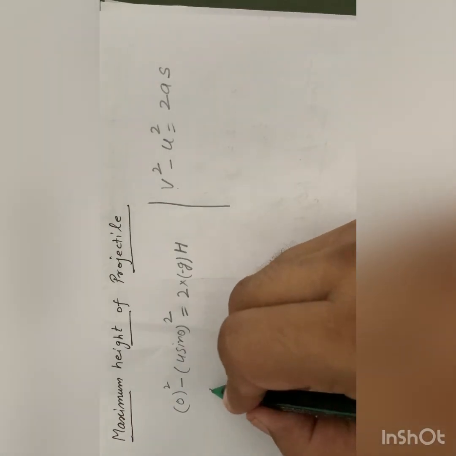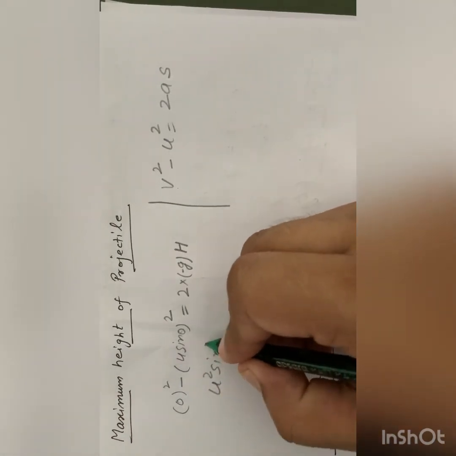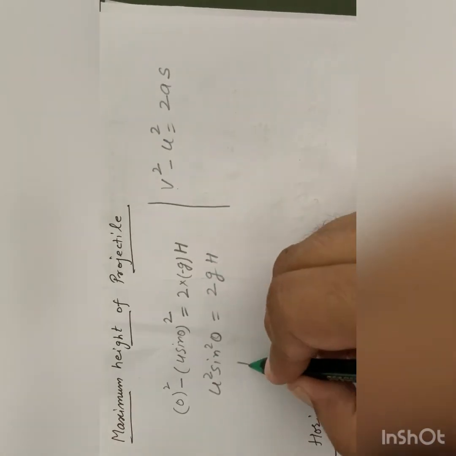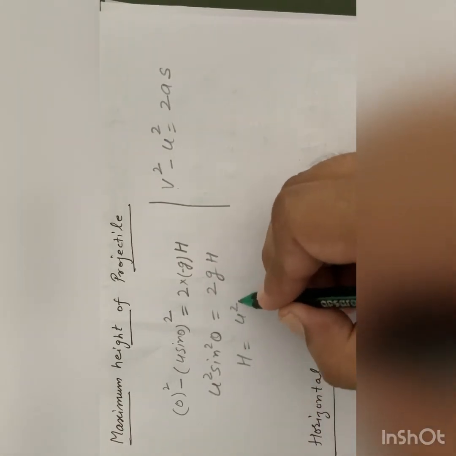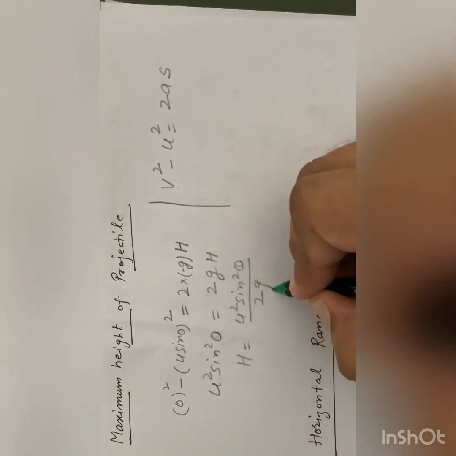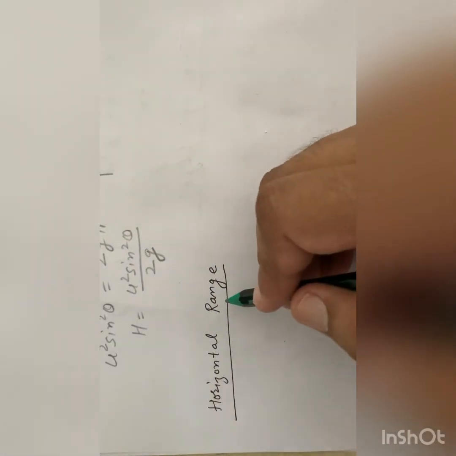Here we get u square sin square θ equal to 2g h, or h is equal to u square sin square θ over 2g.